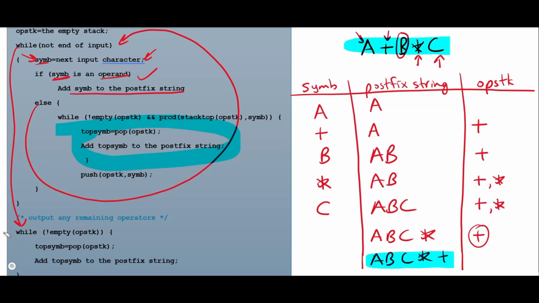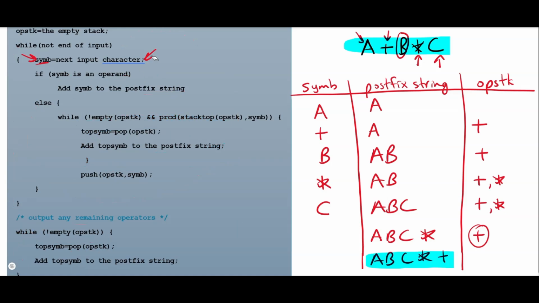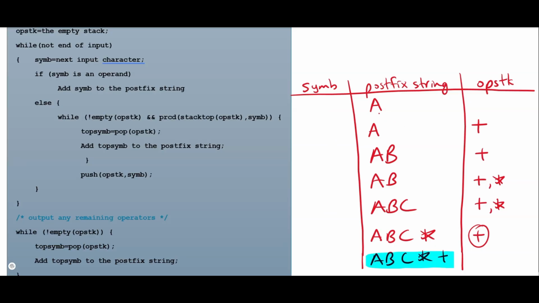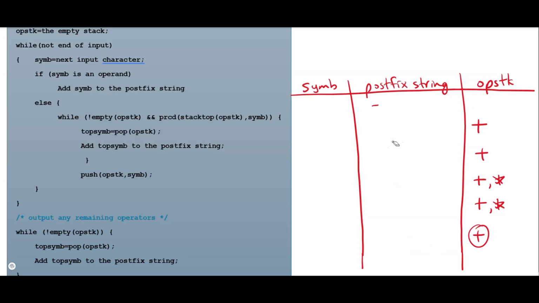Now let me clear this, and clear this part also, because I will change my input. Now I will change my input to A multiply B plus C.